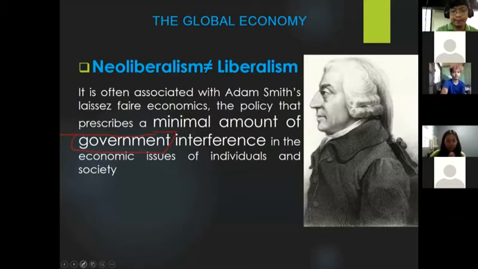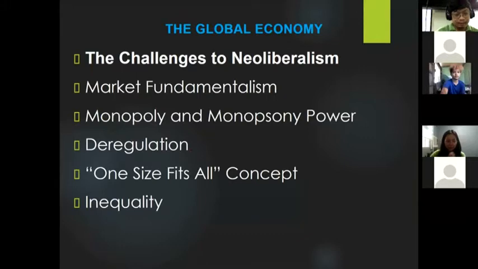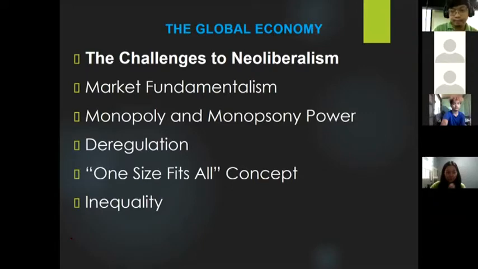Is it existing nowadays? The answer is yes. Ang mga multinational companies ngayon, they have a certain independence. They are motivated or they are promoted.